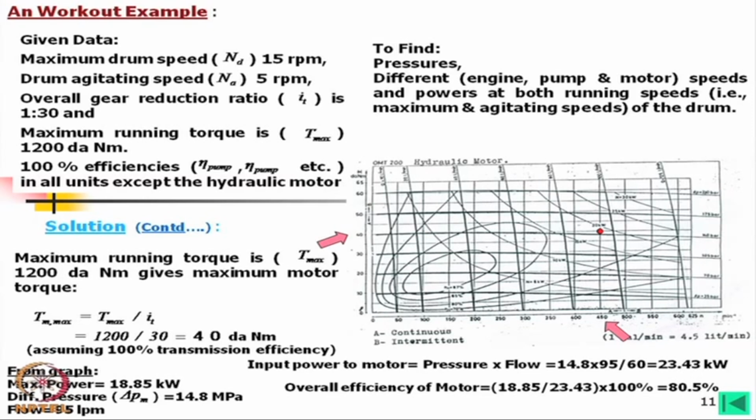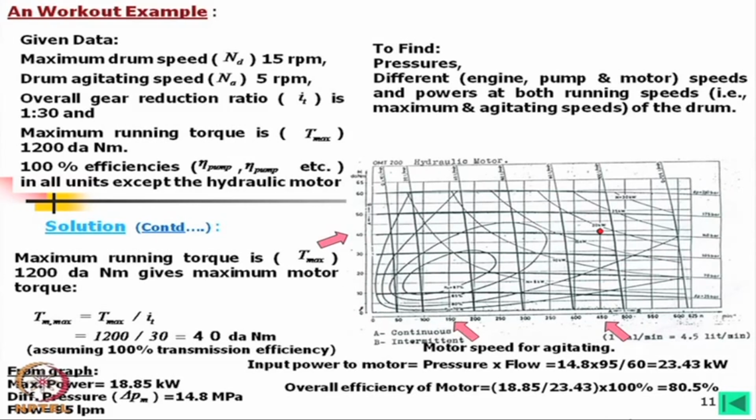So our calculation is going in the right direction, and we have estimated more or less correctly. This motor can supply the maximum torque required. Now, consider agitating, where we have not said how much torque is required.